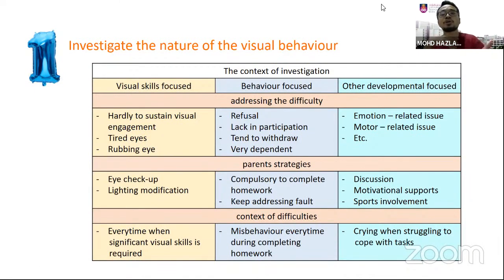Or you might go to another developmental focus, talking about the emotion, the motor. All these are secondary manifestations. As I said, you need to go to the basic understanding, the visual skills, which cause emotion and motor difficulties. If you go directly to the motor and emotions, you will not find a really good understanding of the child's visual behavior. Okay, so next.